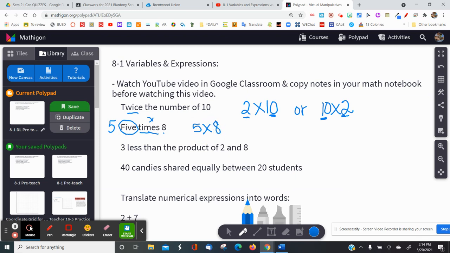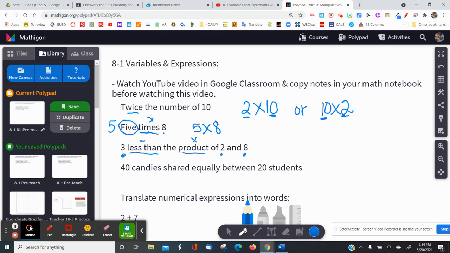The next question, 3 less than the product of 2 and 8. So when I'm looking here, I'm seeing the phrase less than, and I'm seeing the phrase product. Product I know means multiplication. And less than, when I'm looking for the difference of, that's going to be subtraction. So now I see I have 3 numbers here: a 3, a 2, and an 8.